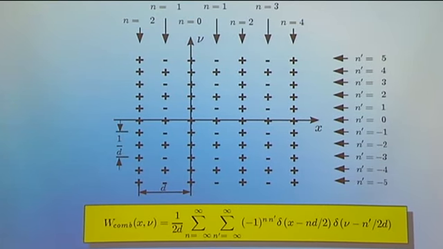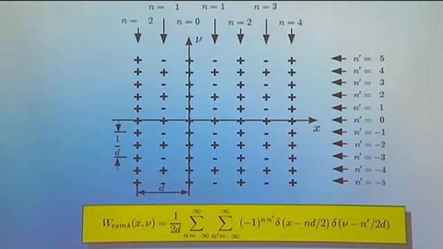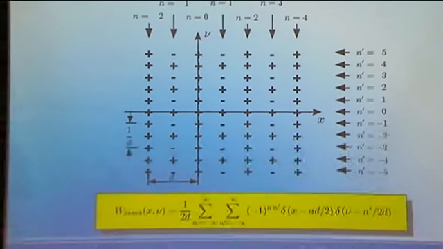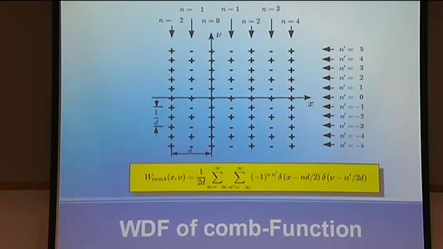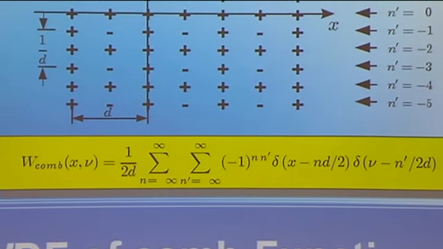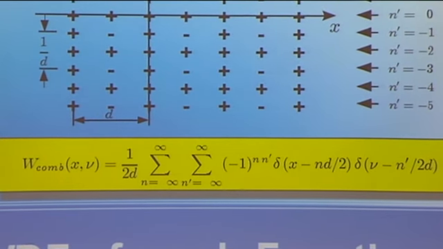To understand the problem with the Wigner function, it is a good idea to think about the sampling function or the comb function and what the corresponding Wigner function is. If we think about the comb function as a set of delta points with a distance d from one delta to the next, we know that its Fourier transformation is again a delta comb.